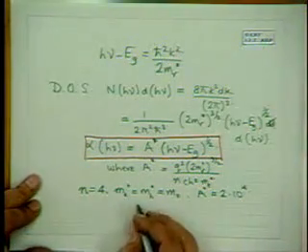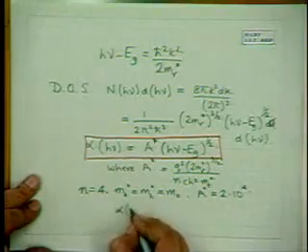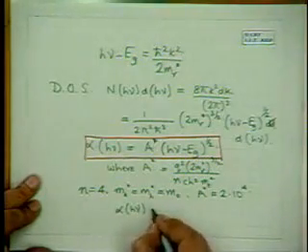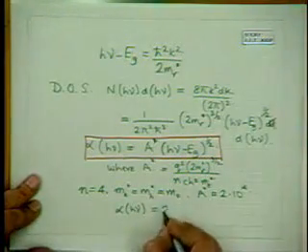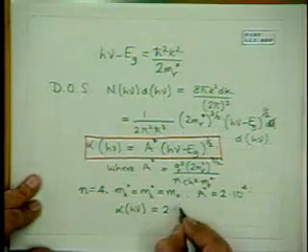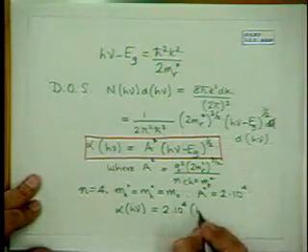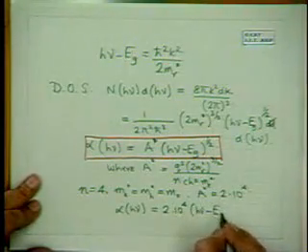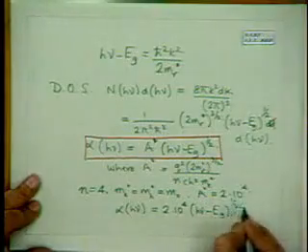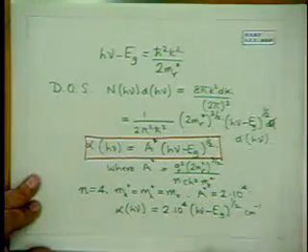So approximately we have, for a direct gap semiconductor, alpha is 2 × 10⁴ h nu minus Eg to the power half centimeter inverse.